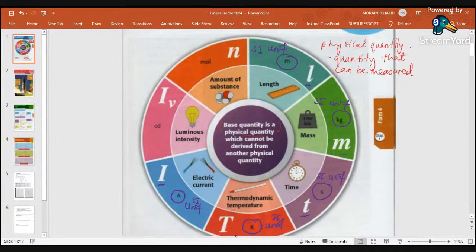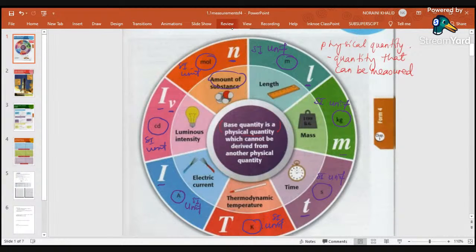Luminous intensity, symbol I with subscript V, small v, IV. Unit is candela, small cd. Then we have one more, amount of substance, mole. This is the SI unit used. And then the symbol is small n.